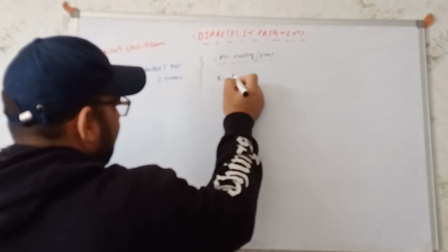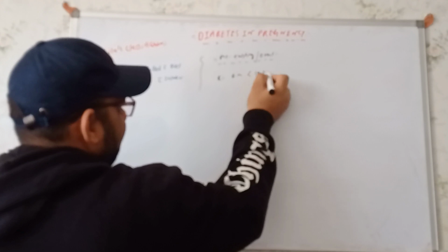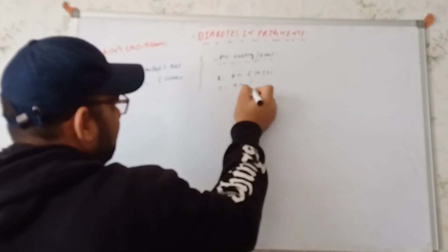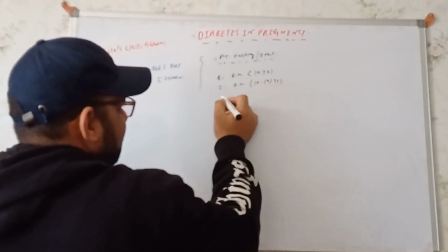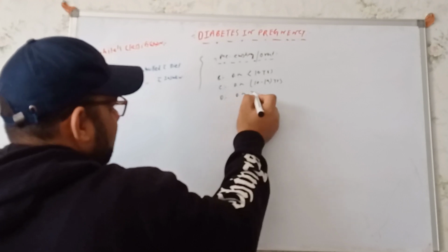In these cases, B is diabetes mellitus for less than 10 years. C is diabetes mellitus for 10 to 19 years. D is diabetes mellitus for more than 20 years.